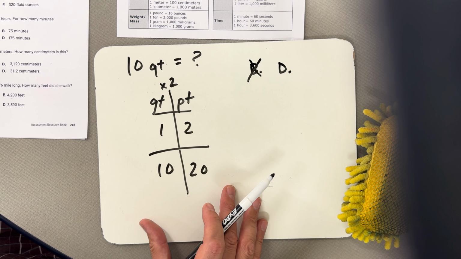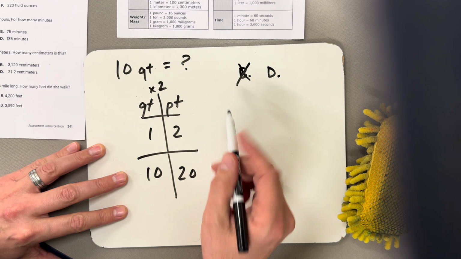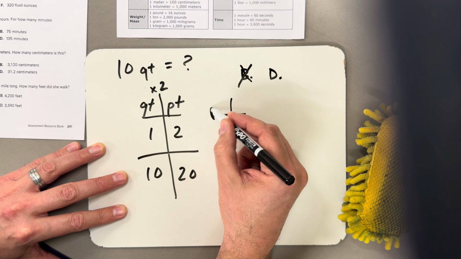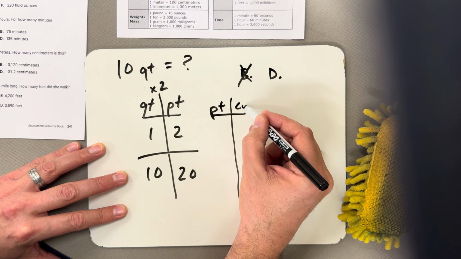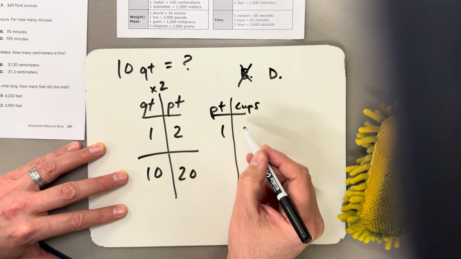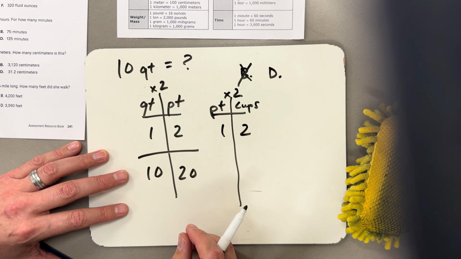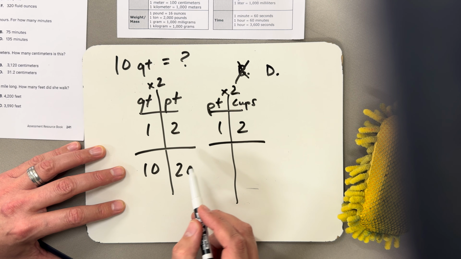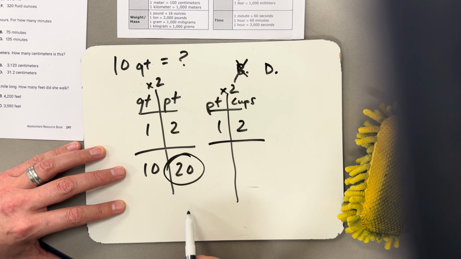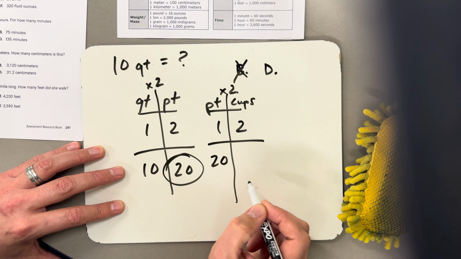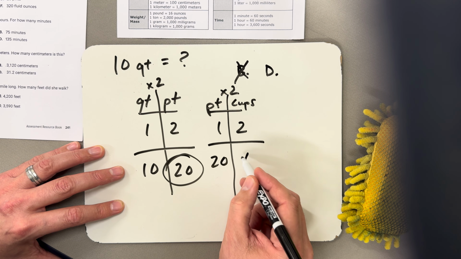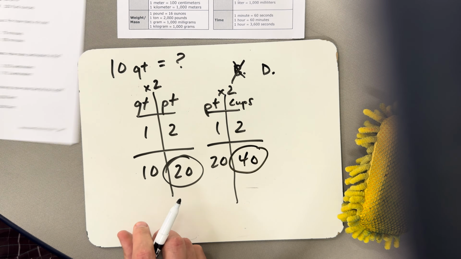So then let's see, we've got 20 pints. Let's go to cups because we can go from pints to cups. 1 pint equals 2 cups. So again, it's another times 2 type situation. Right now we have 20 pints. We figured out that 10 quarts equals 20 pints. So 20 pints in cups would be 40, right?